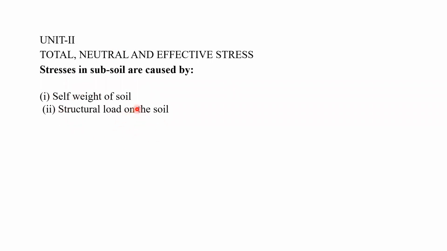What does it mean? Suppose you are going to construct any footing or foundation at 2 feet depth. So what is going to happen? Below the base of the footing, if soil is fully saturated, what loads are going to work on the soil? Which loads is the soil going to experience?